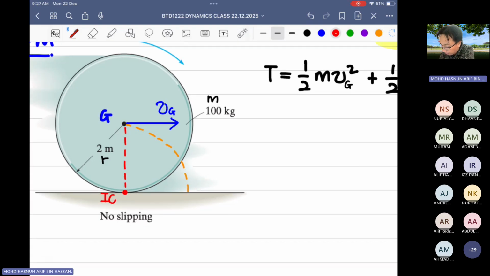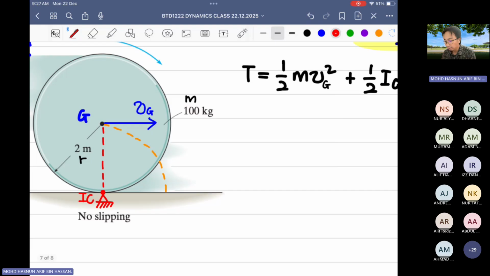So I can represent IC like a fixed point like this. This is what IC is about. It is an imaginary point, a point that does not exist, but through some conditions we learned before, we are able to locate IC, and we can assume that IC is like a fixed point. So point G is as if it rotates about point IC.